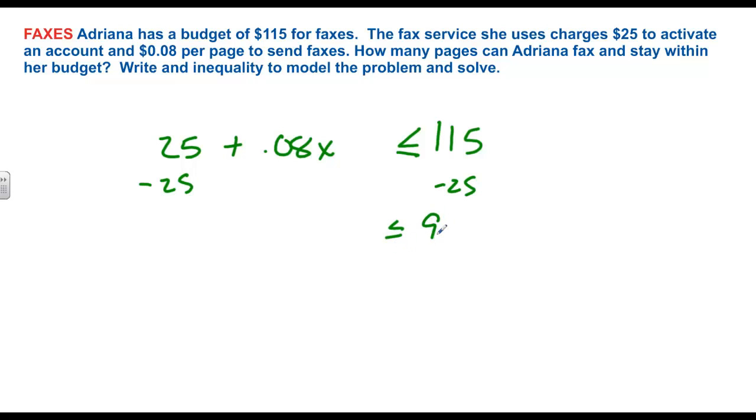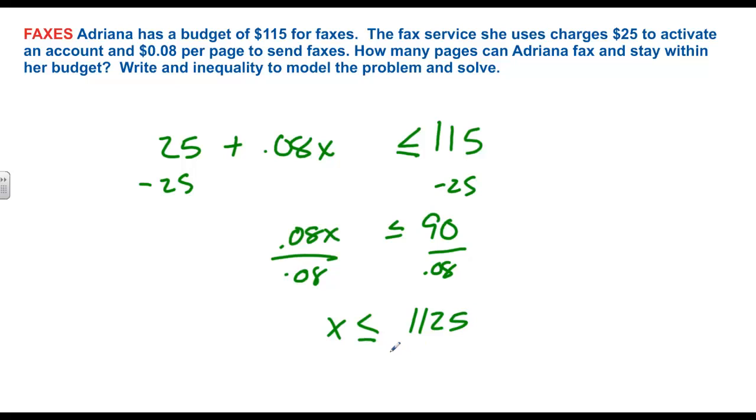I end up with 90 and 0.08x. Divide both sides by 0.08. And we end up with x being less than or equal to 1125. So we can fax up to 1,125 faxes before I go over that $115 limit.